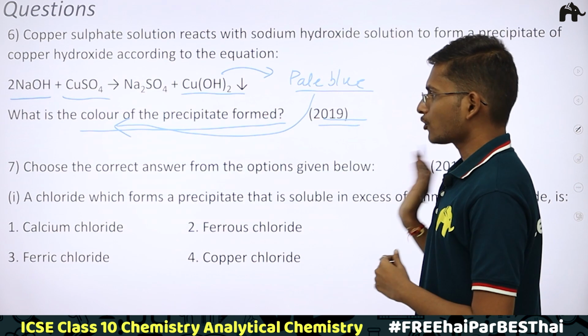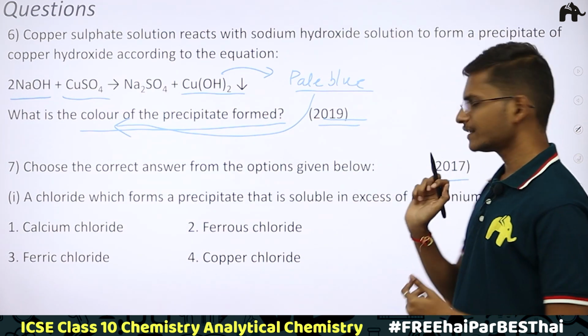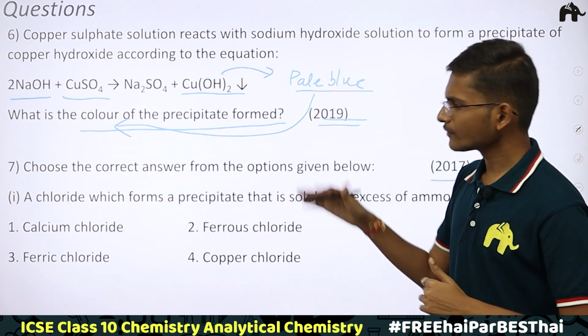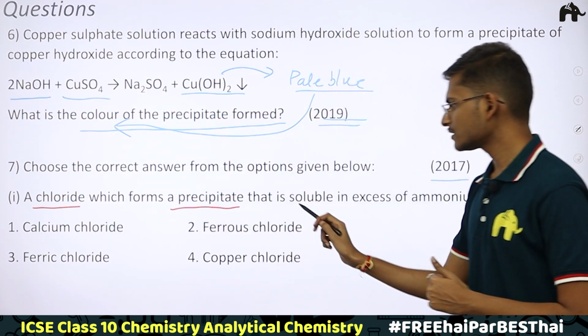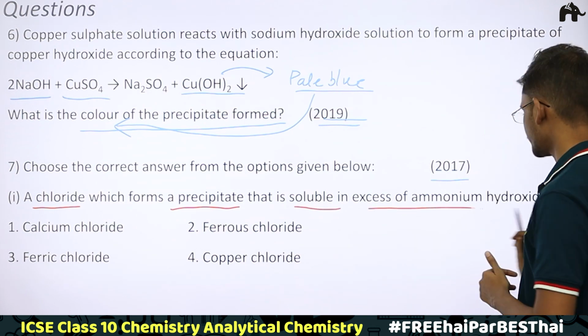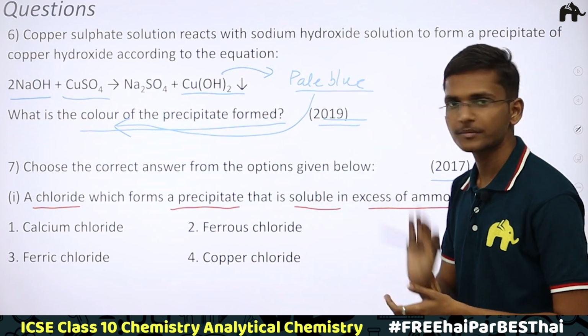Now next is: choose the correct answer from the options given below. This was asked in the 2017 exams. A chloride whose precipitate is soluble in excess of ammonium hydroxide. They have given us 4 chlorides as the options.